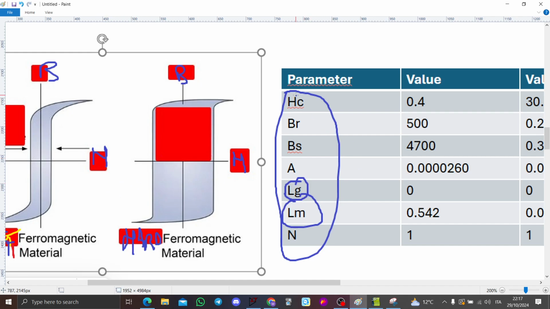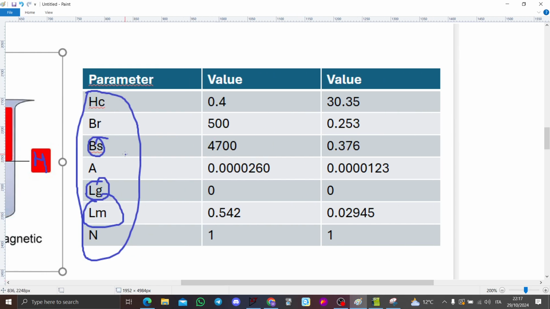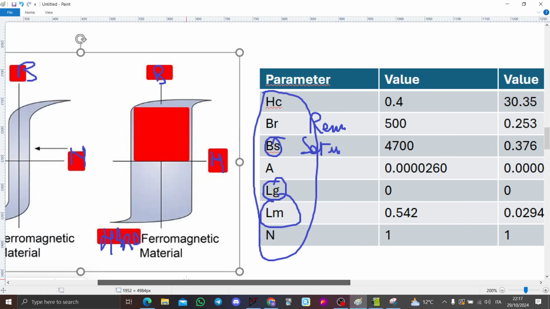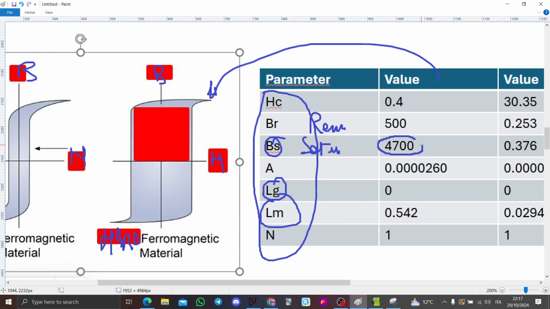I will show you later. But BS, let's analyze this. BS is higher than or equal to BR. So BS is the saturation B, and BR is the residual B. And so this value belongs to this guy, because as you can see, this is very, very large, and also this H here is very large.